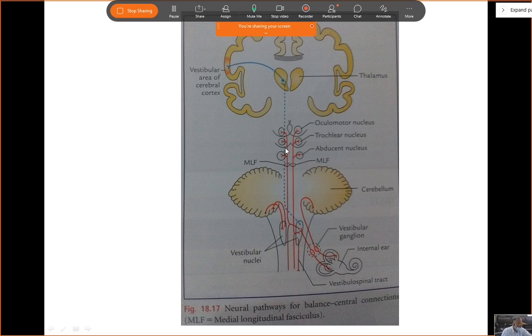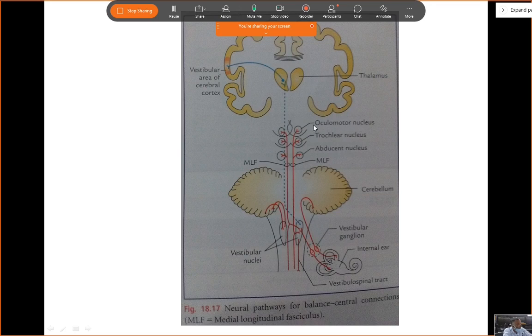It relays into these nuclei for maintaining head-eye balance, because these motor fibers supply the muscles of the eye. When we fall, suppose while walking, we can see, and accordingly our cerebral cortex will manage. That is why they relay into these nuclei.